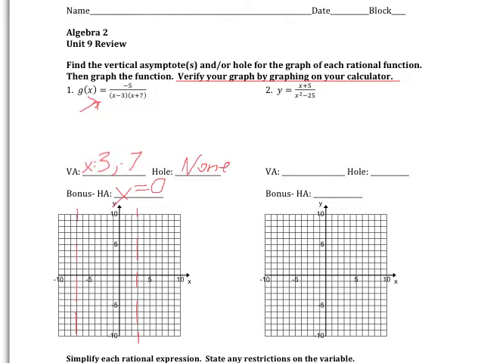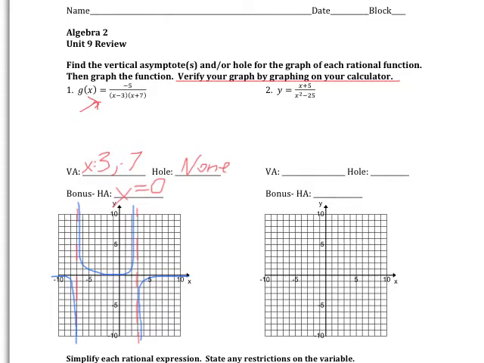If you grab a graphing calculator now, you will see that the graph does this. I wouldn't have known what that graph looked like without using the graphing calculator, but there you go. That's what it does. Again, you can see the vertical asymptotes, and the horizontal asymptote appears to be the line y equals 0.